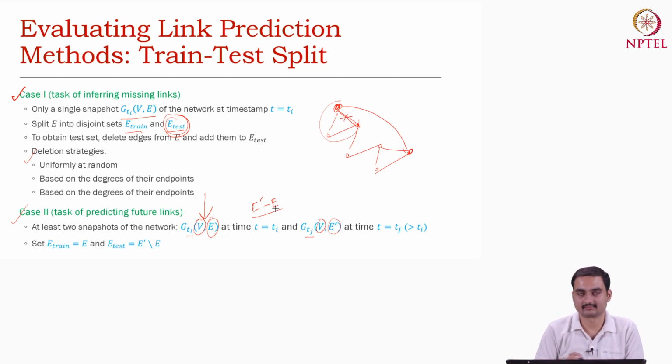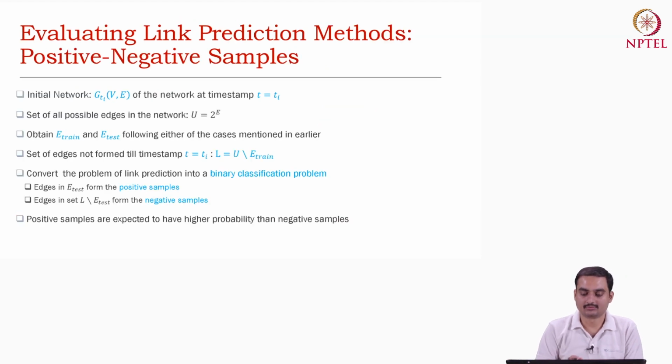This is the task. Given this graph, can we predict which edges are going to come to form this network? This is the future link prediction problem.